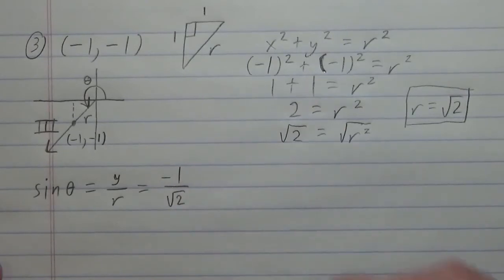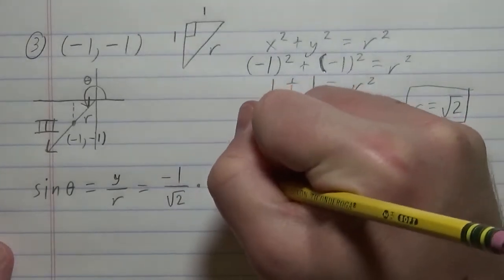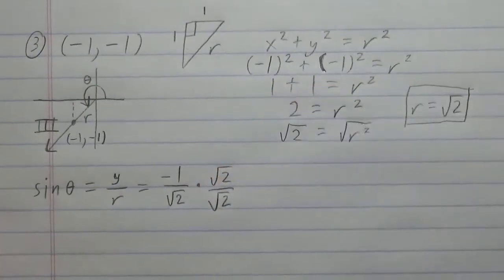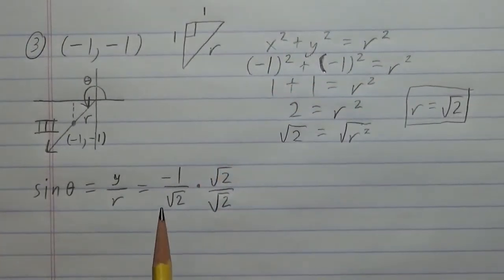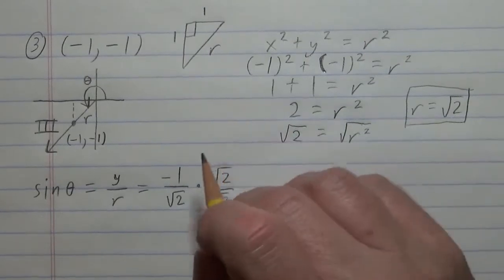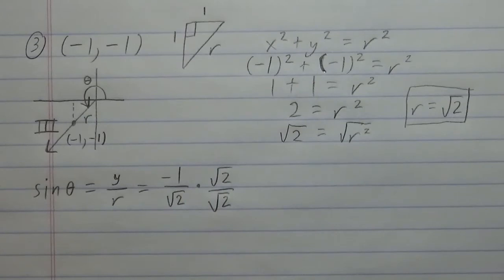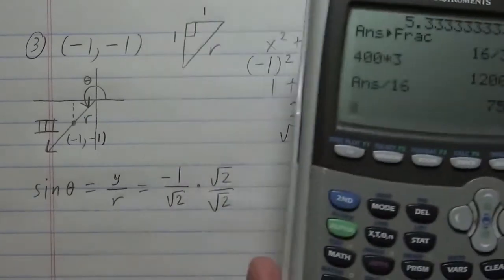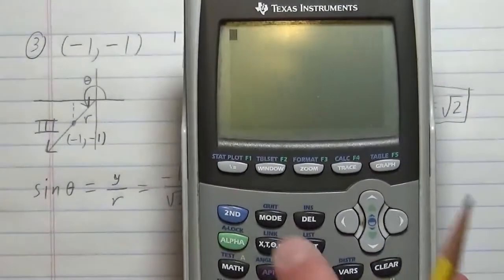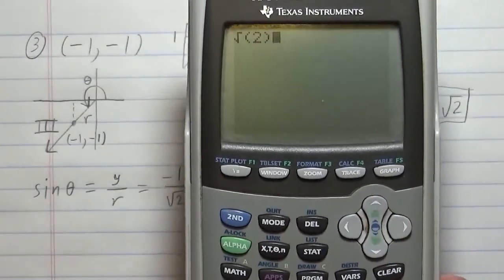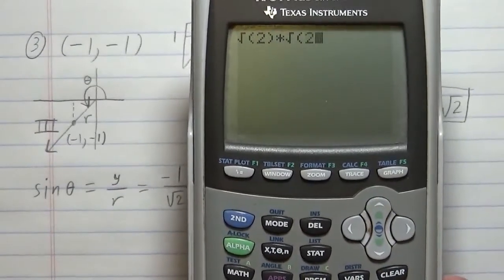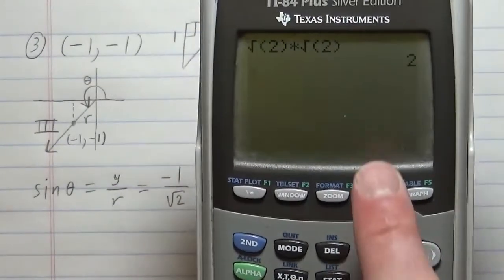Multiply the answer by the equivalent of 1. I'm choosing root 2 over root 2, which is 1, because the bottom here is square root 2 times square root 2, which is 2.